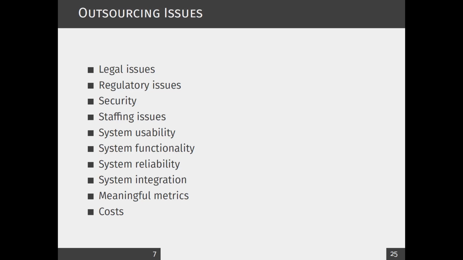The third one is security, right? Because when you have outsourced, then there might be security issues.